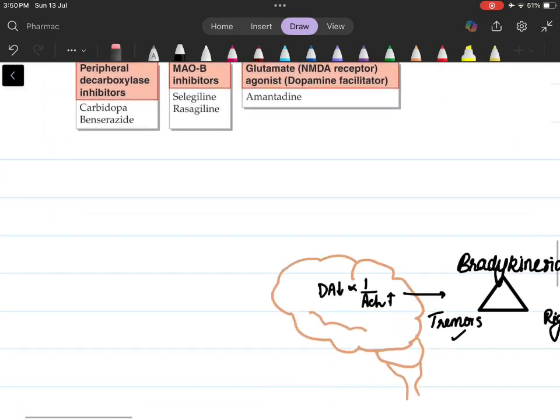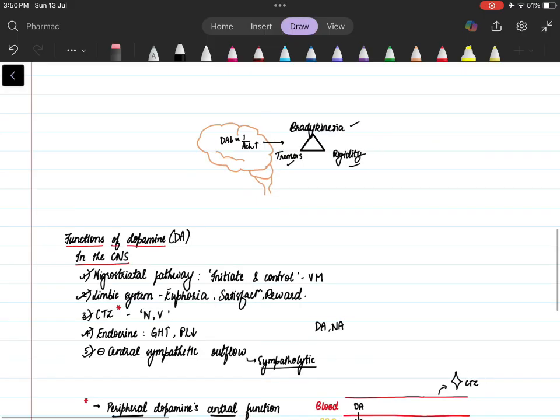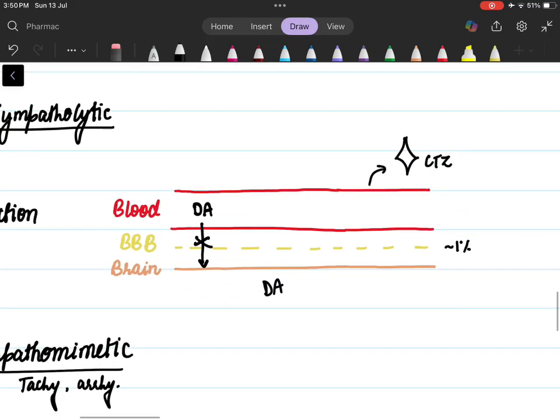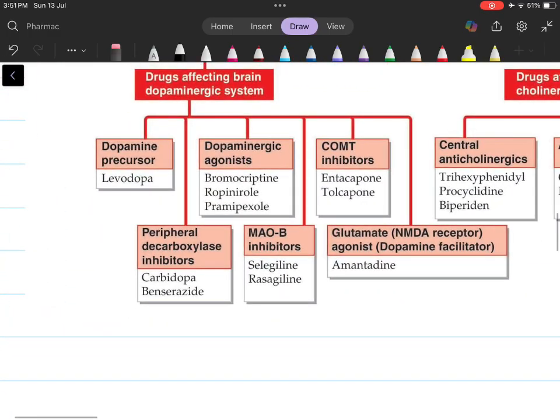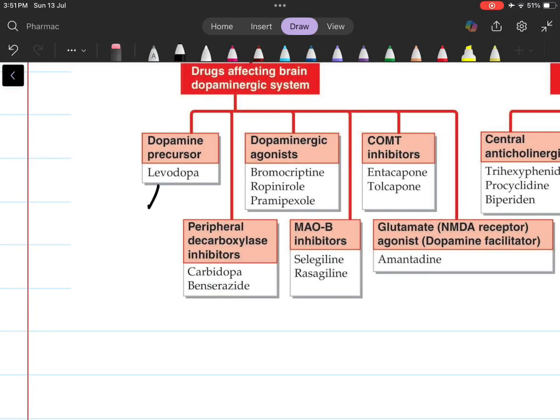Can we give dopamine as a drug? The answer is no, because dopamine cannot cross the blood-brain barrier. So if you inject dopamine or if you ingest dopamine, say tablets, it's not going to work. It's not that simple. So the next obvious thing would be to give the immediate precursor of dopamine, L-DOPA.